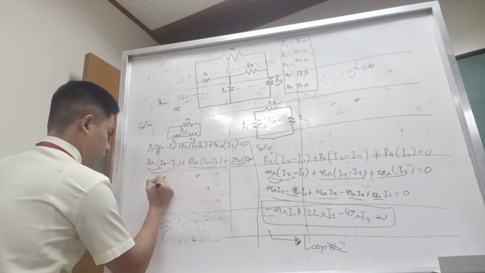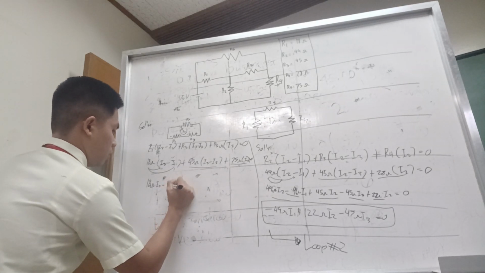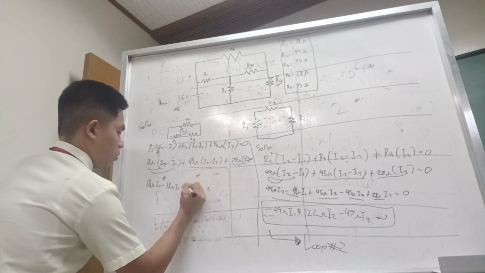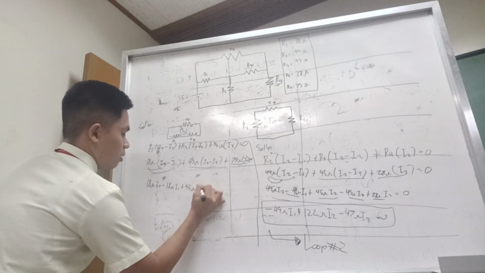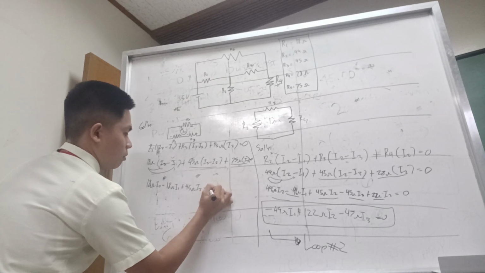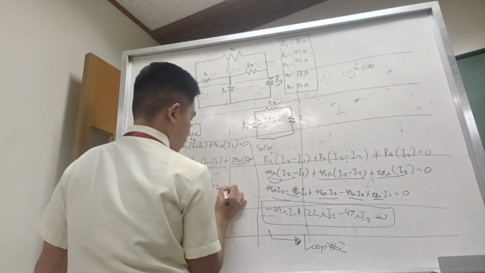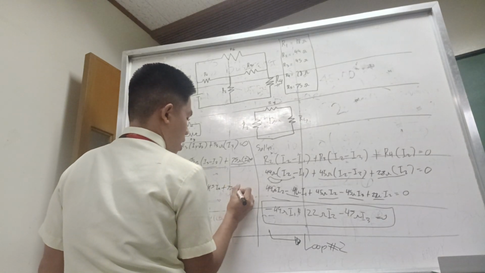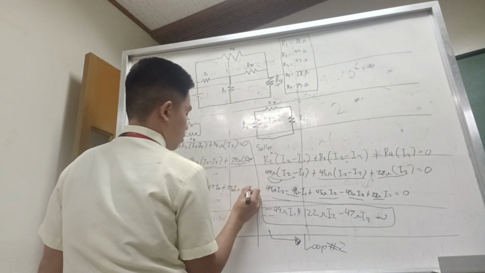So 18 ohms I3 minus 18 ohms I1 plus 45 ohms I3 minus 45 ohms I2 plus 75 ohms I3 is equal to 0.